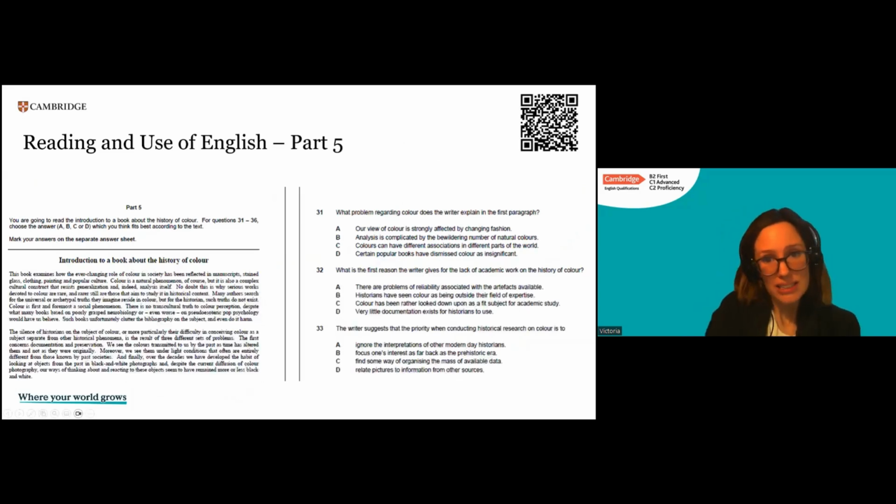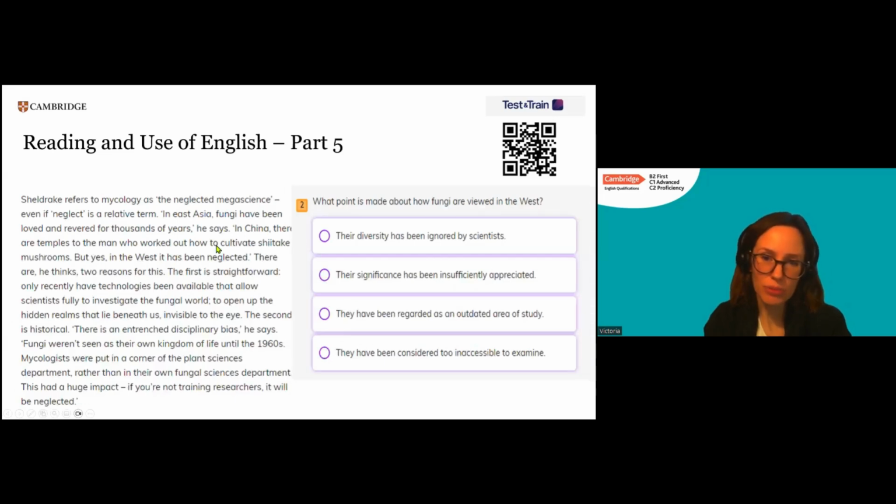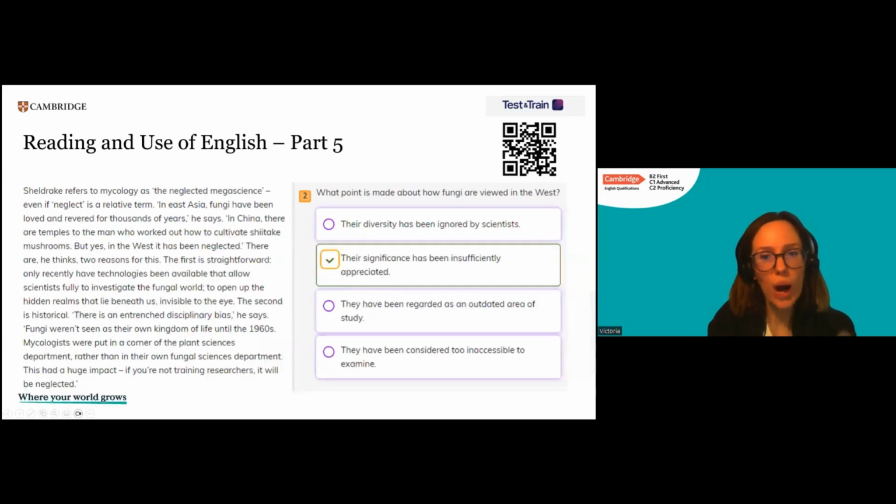Right, let's look at part 5, which looks like this. It is a text with different questions and 4 options. And we're going to look at an example taken from Test and Train again. And we're going to see why this one, option B, is the correct option here.